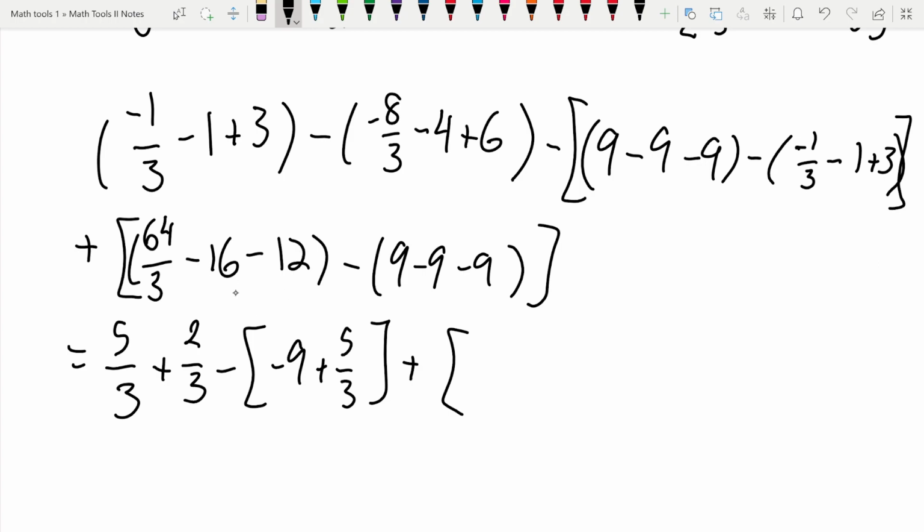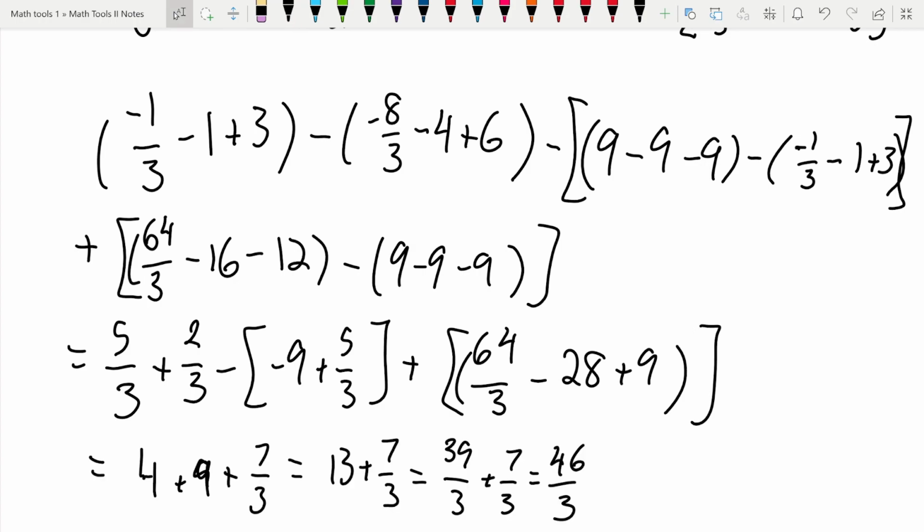Negative 16 minus 12 is negative 28. So we get 64 thirds minus 28, and then minus a negative 9, so plus 9.